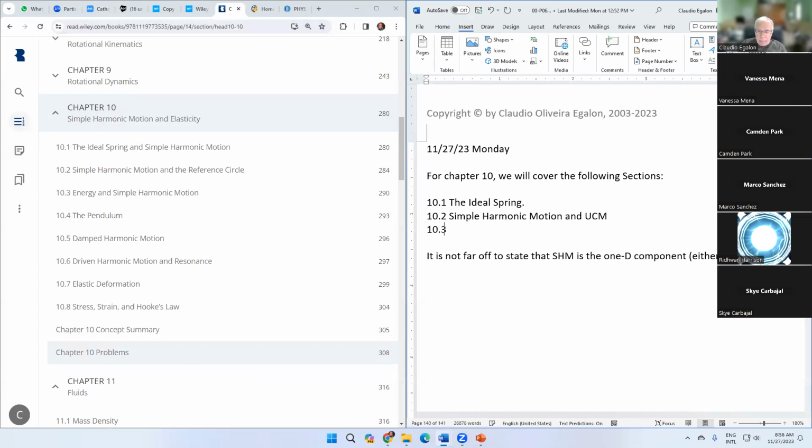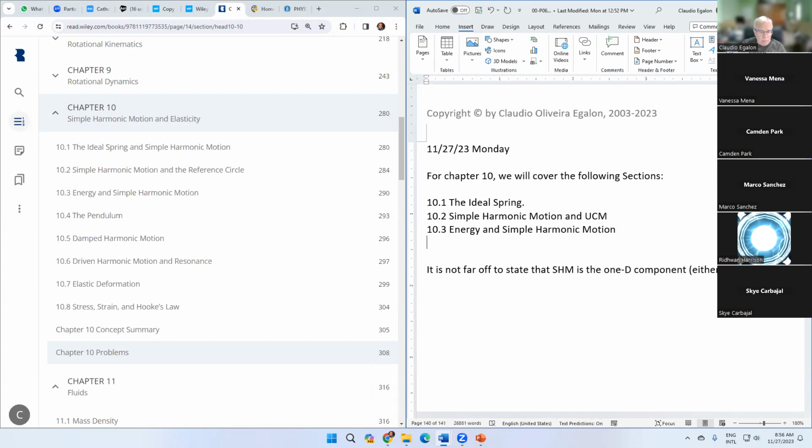We're going to do now 10.3, which is energy and simple harmonic motion. And we are going to finish this chapter with 10.4, the simple pendulum. And there is also the physical pendulum.